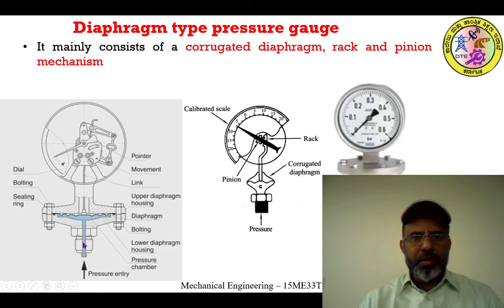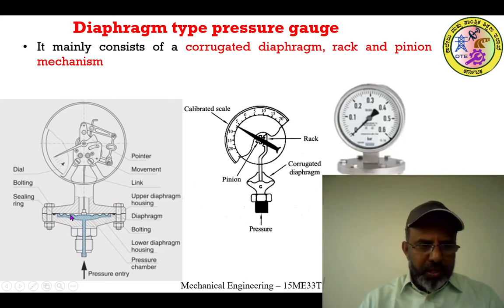And if you see the pictures, the schematic diagrams, generally three parts are important. One is the corrugated diaphragm. This is the corrugated diaphragm.